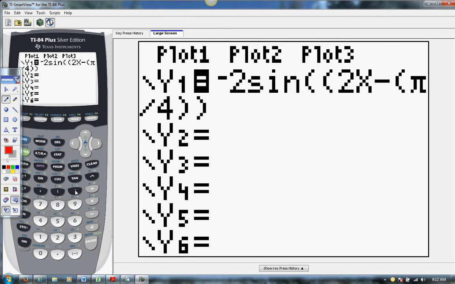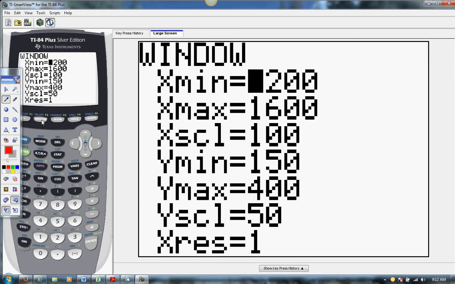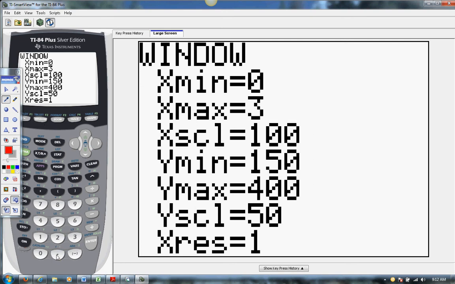What we want to do now is go to my window. Now, didn't we say that one period was 3.14, right? So I think it's good to allow yourself a little bit of room. I could go from 0 to 3.14. I could do it that way.